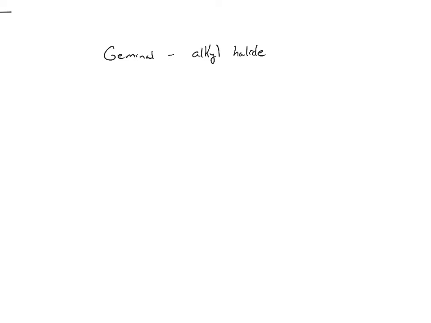Geminal alkyl halides have two halogen atoms bonded to the same carbon.